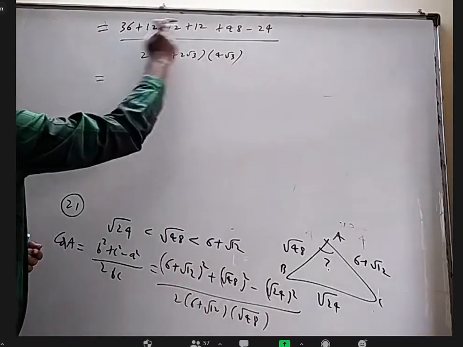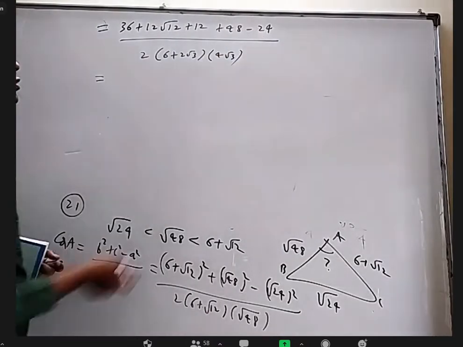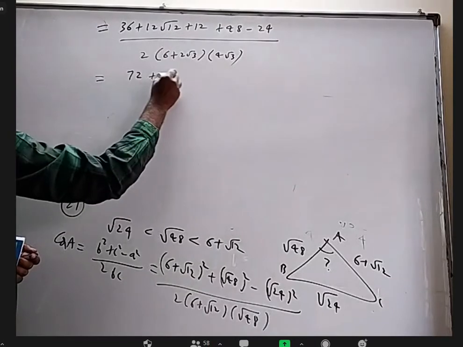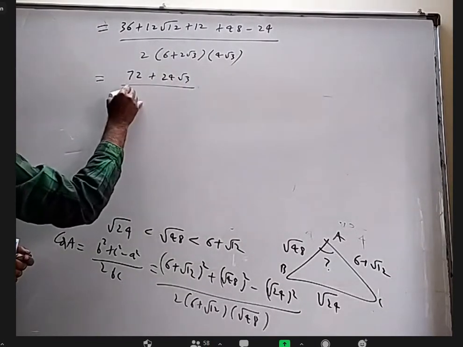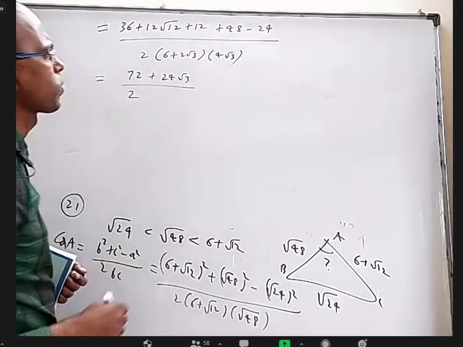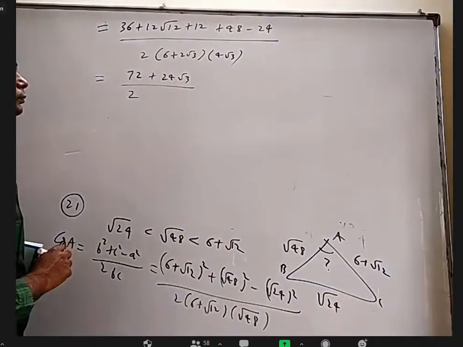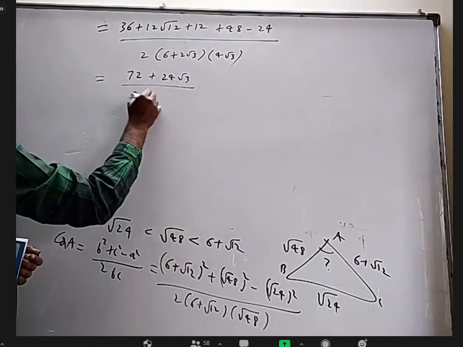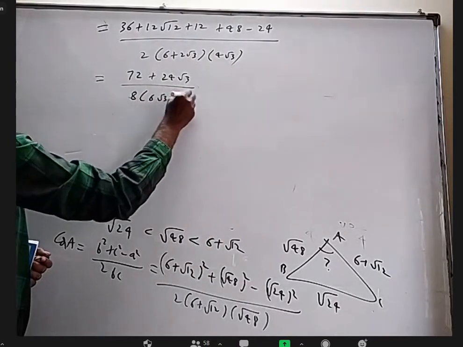This is 48, so 24, 72. This is 2 root 3, so 24 root 3. I can take 4 root inside, so 8 into 6 root 3 plus 6.